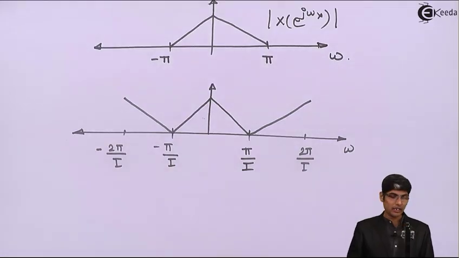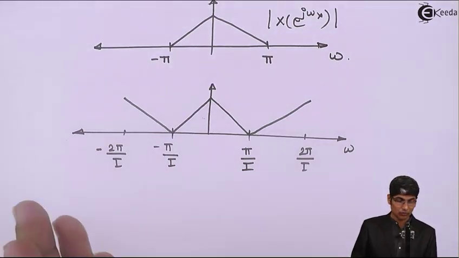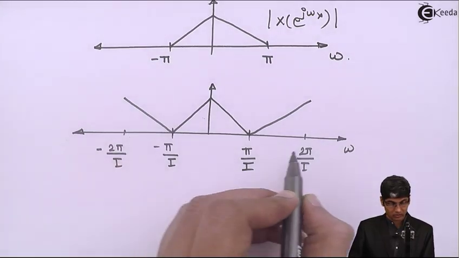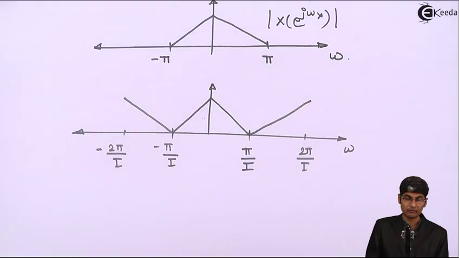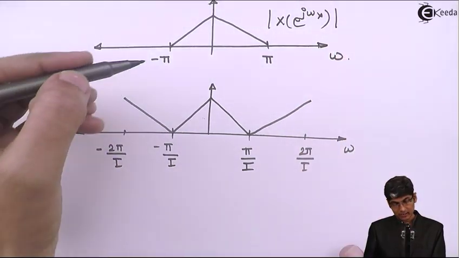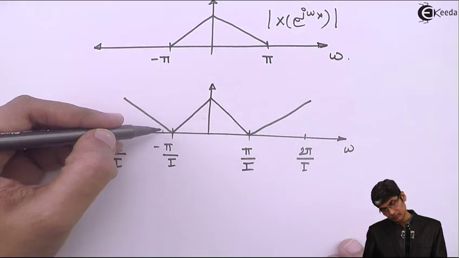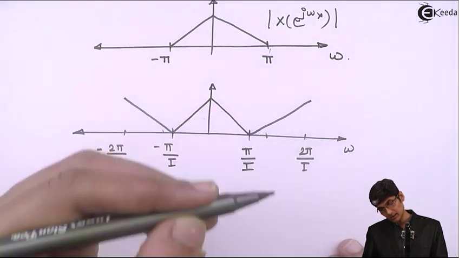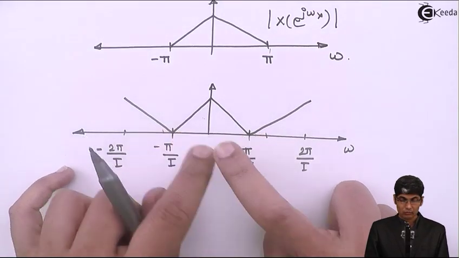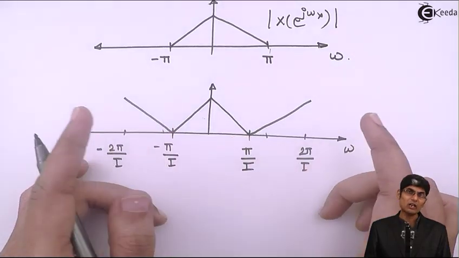Now, suppose I have a system which looks from minus pi to plus pi, which is somewhere outside this boundary. If this would be minus pi and this would be plus pi, then I am going to get some extra values of the spectrum, which is again an unwanted one.